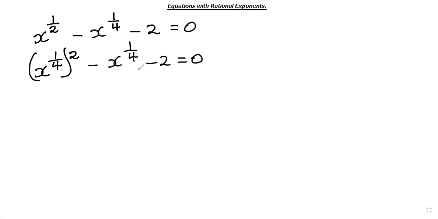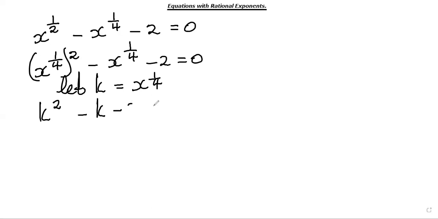In order for you to simplify this, let's use the k substitution method. So we end up having k squared minus k minus 2. And this is equal to 0. So in order for us to solve for k, we have to factorize this.